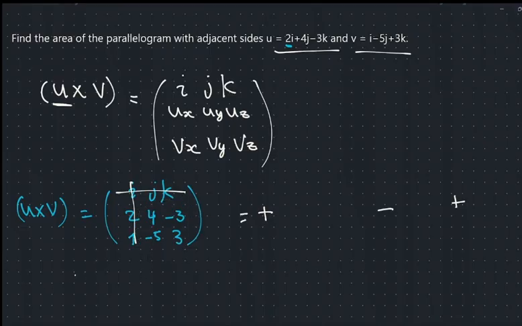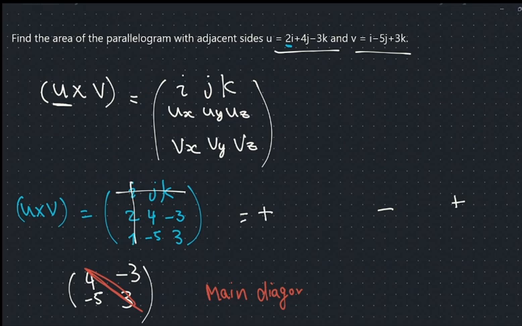So what is the determinant of 4, negative 3, negative 5, and then 3? We learned that its determinant is equal to this cross, the main diagonal, minus the second diagonal.